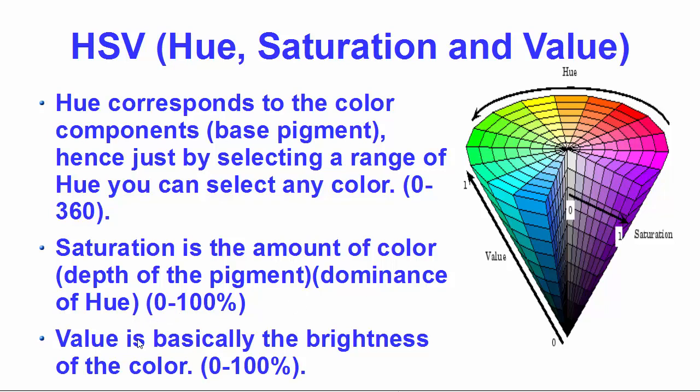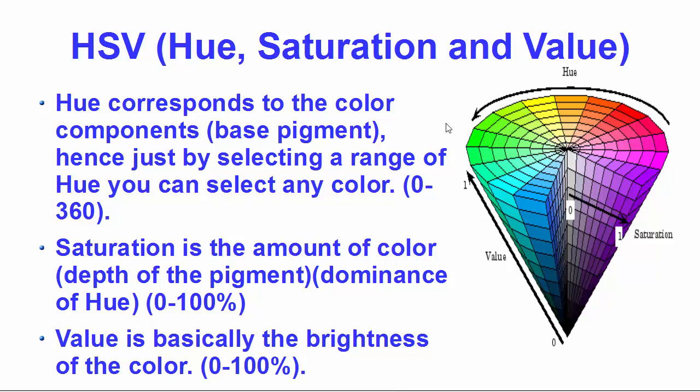Similarly, value is basically the brightness of the color. This brightness can be increased from 0 to 1 from the bottom of the cone to the top of the cone. All these three values, hue, saturation, and value, can be used to pick any color, as we can do with the BGR color space.